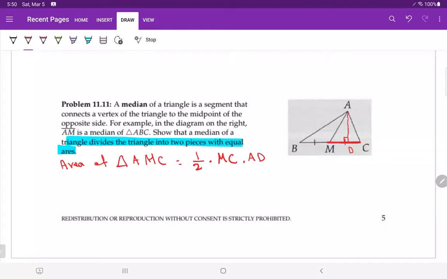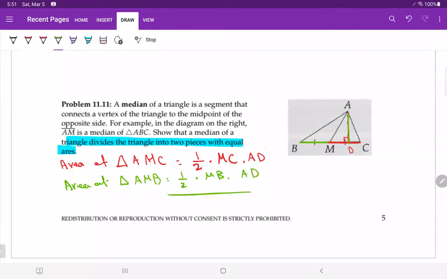The same thing if you choose the base of the other triangle. Now we're talking about the area of the triangle AMB. If you choose the base to be MB, then where is the height? It's AD as well.